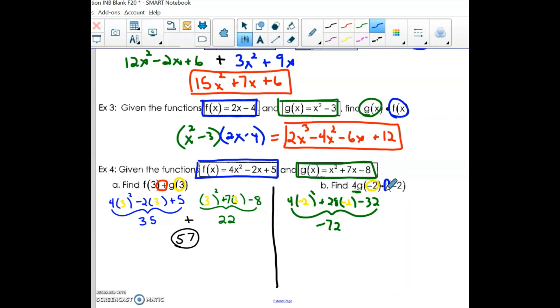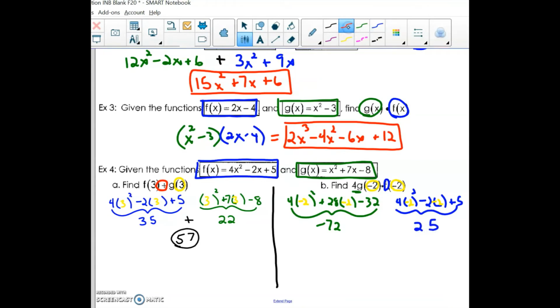So we'll just use the f function, which is 4 times something squared minus 2 times something plus 5. That something that we're inserting is negative 2. So put negative 2 in, negative 2 in, and we'll calculate that, which comes out to be 25.